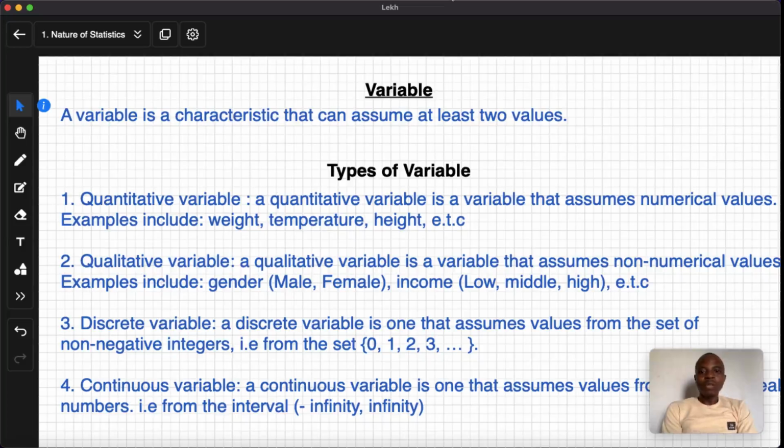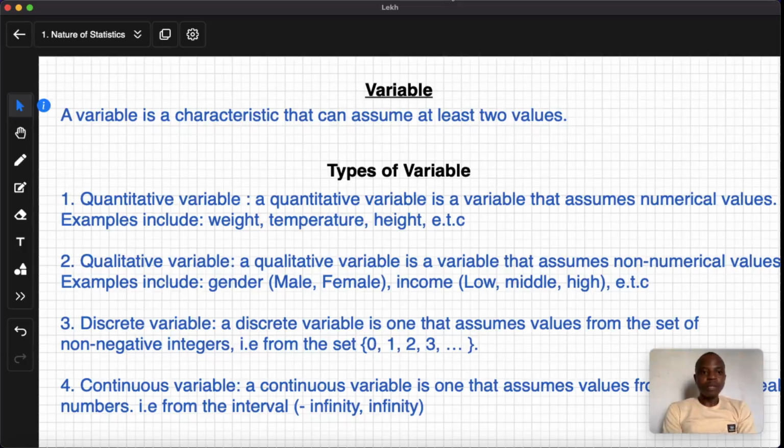A quantitative variable is a variable that assumes numerical values. For example, your weight, temperature, height, and many more. A qualitative variable is a variable that assumes non-numerical values. Examples include your gender, income, name of persons, name of countries, and so on.